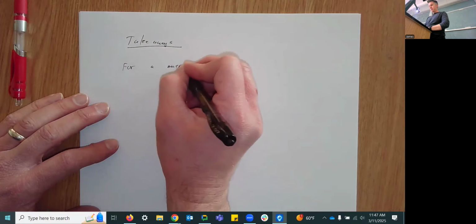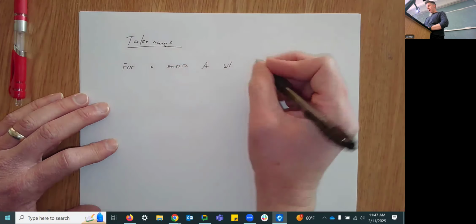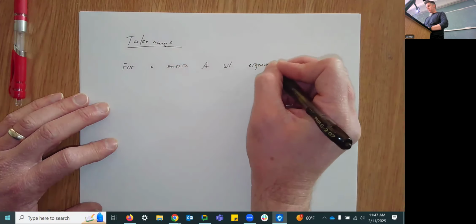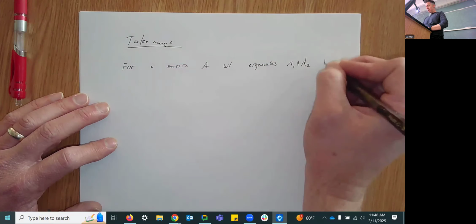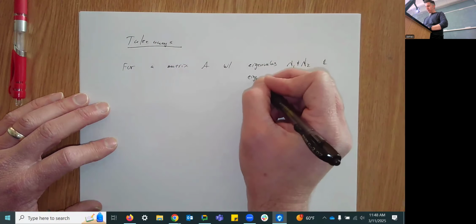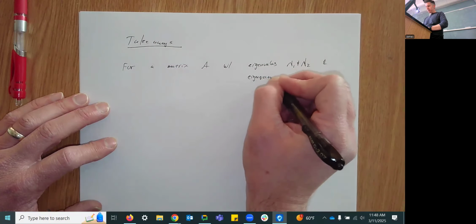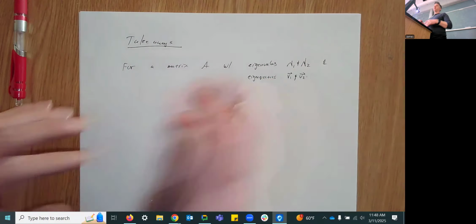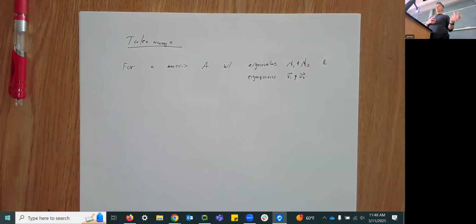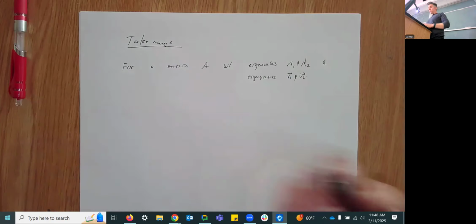For matrix A, with eigenvalues lambda 1 and lambda 2, and associated eigenvectors V1 and V2. We say associated because lambda 1 goes with V1, lambda 2 goes with V2. You can't interchange them. We can say the following things.